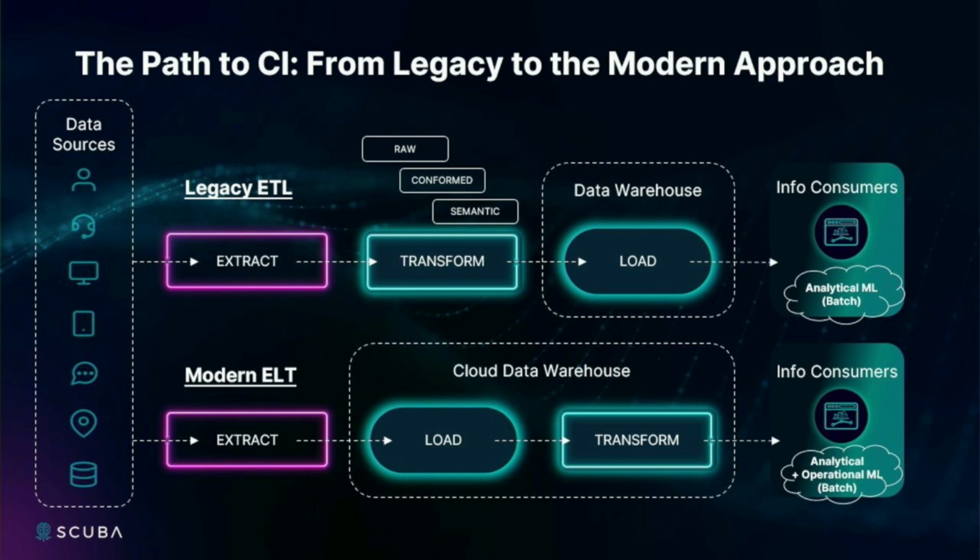First, a raw stage, just as it came in from the source, then a conform stage where you have cleaned up and provided some structure, and then a semantic stage, which is when it's ready for consumption. In the ETL model, you load that into a data warehouse, and it's ready for your information consumers: business intelligence, analytics, and ML as well.